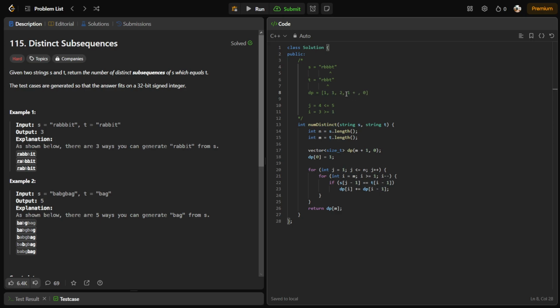This will plus this 2 here, which will give us 3. Decrement to this one, since they're the same, 0, 1, 2 plus 1 gives us 3. Decrement again, this will give us R, which does not equal B.